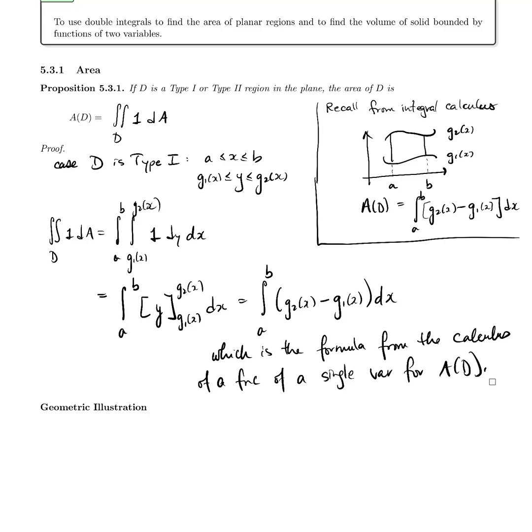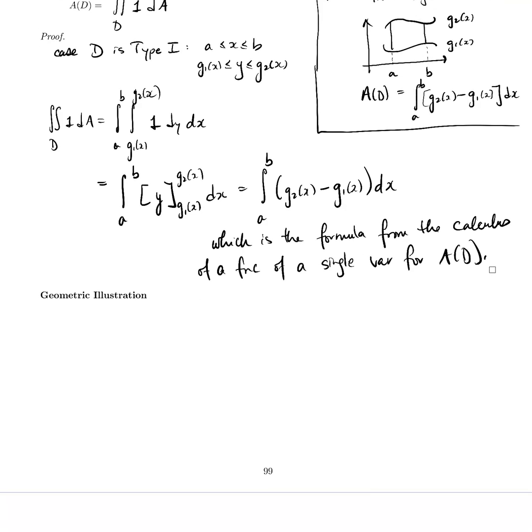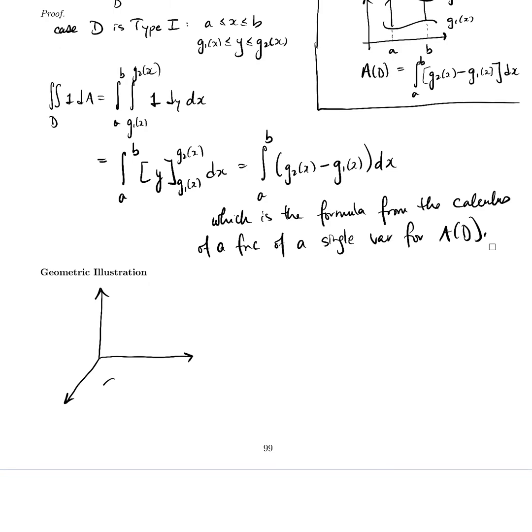Another way of thinking about this is geometrically. We have been looking at functions in R3, and so if we have a region D down in the plane, and if we have a function f of x,y equal to 1, well, that is a function that is floating above D, a function graph, a surface.